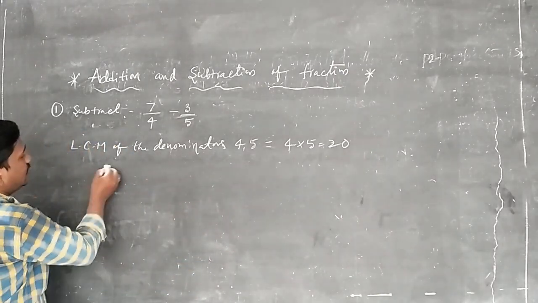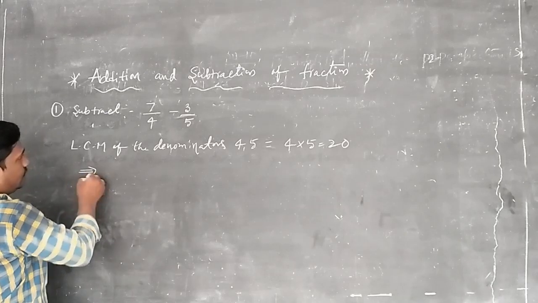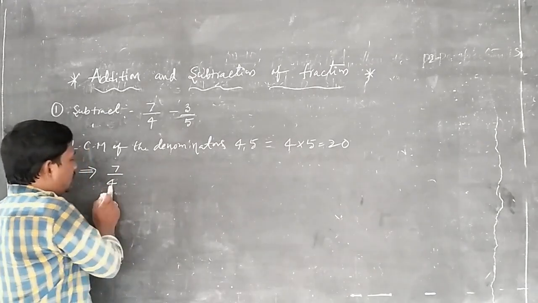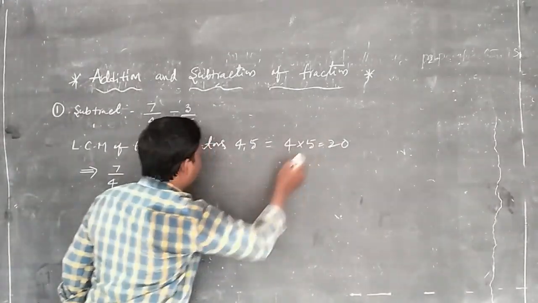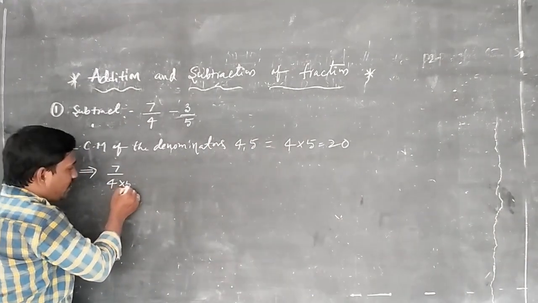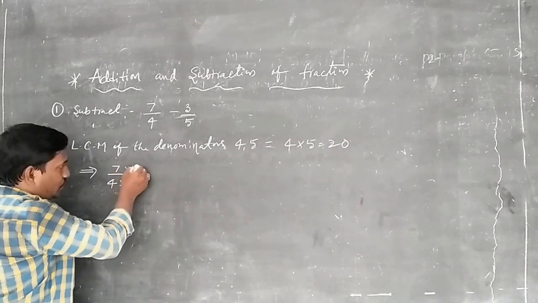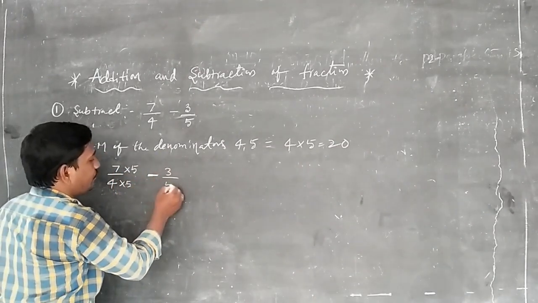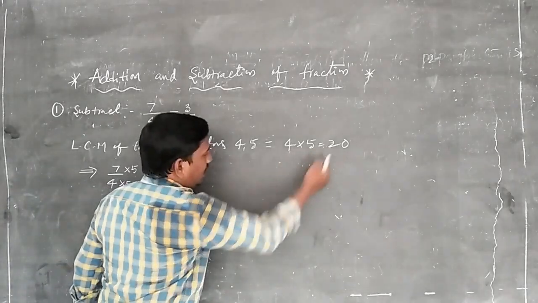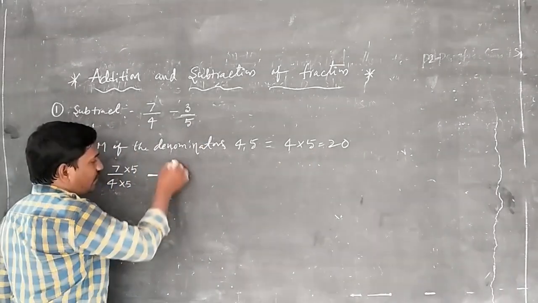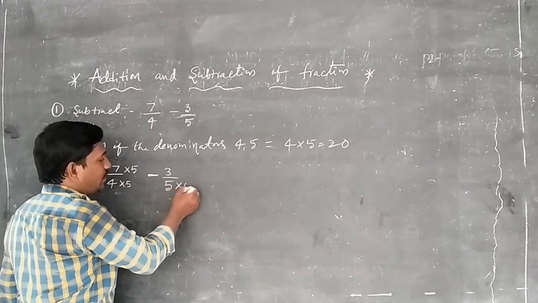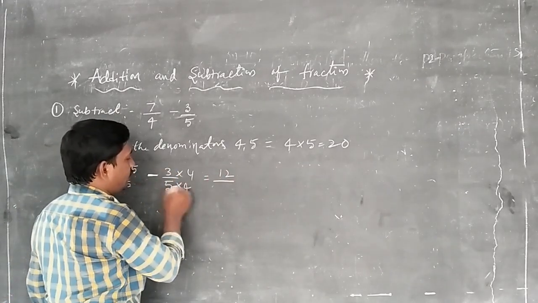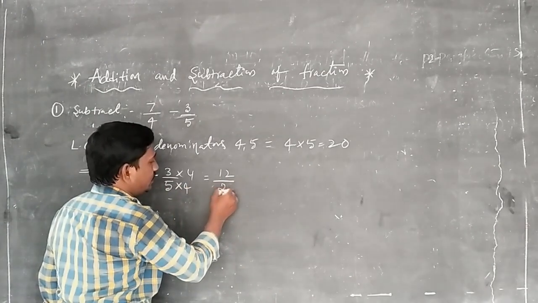Now 7 by 4. For the denominator 4 to become 20, 4 should be multiplied by 5, and the numerator as well. Minus 3 by 5. For 5 to become 20, the total fraction is multiplied by 4. 3 4s are 12, 5 4s are 20.